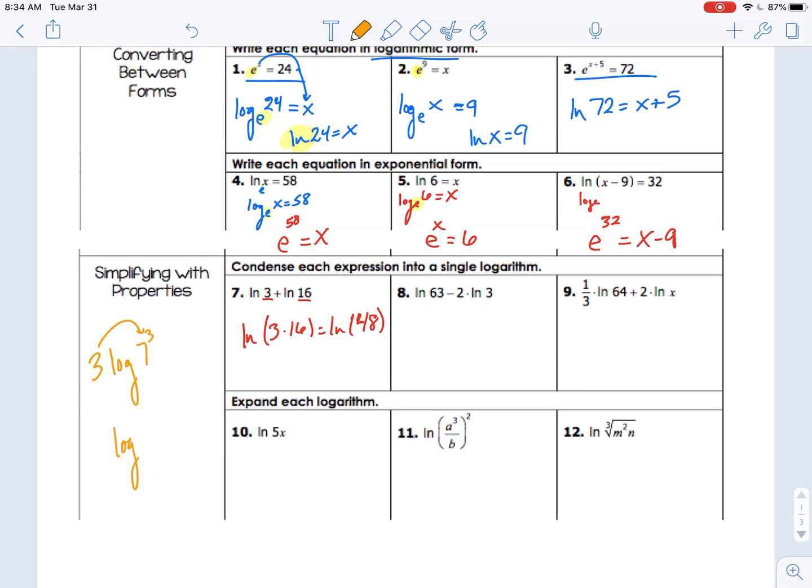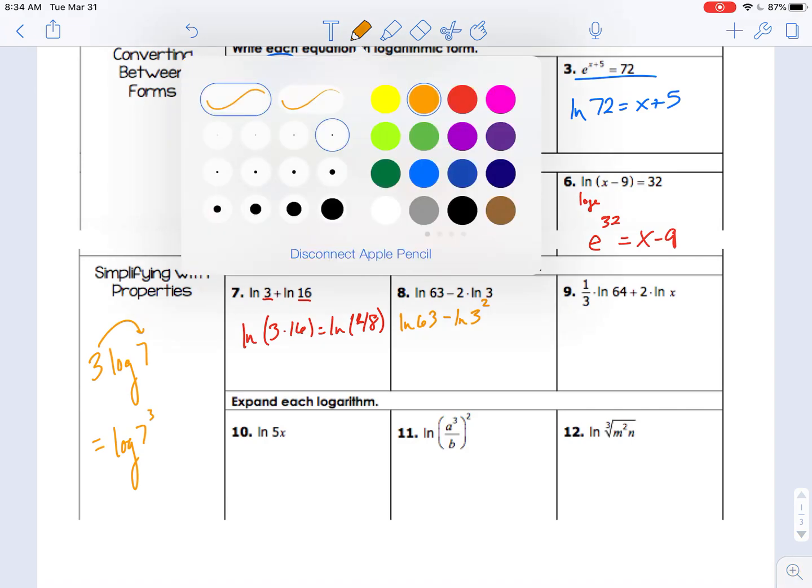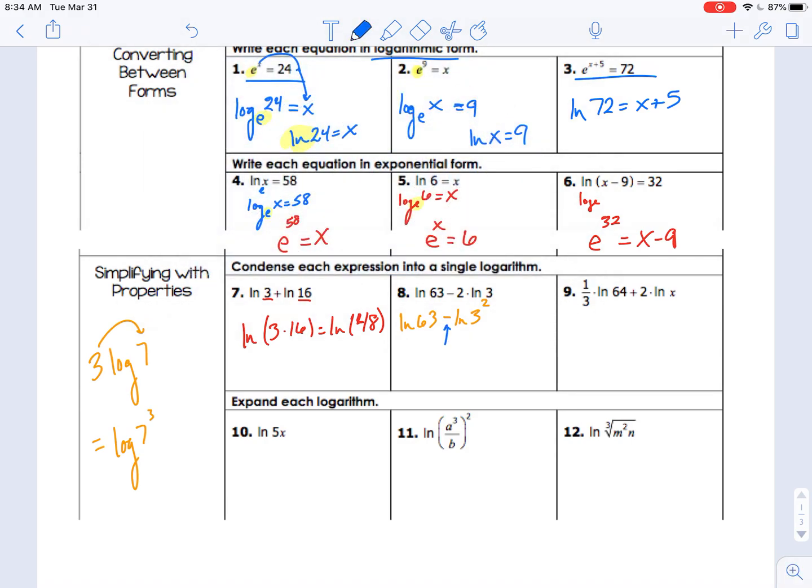Well, I'd bring it up here to the exponent. So 3 times the log of 7 equals the log of 7 to the third. So here I'd get natural log of 63 minus the natural log of 3 squared.